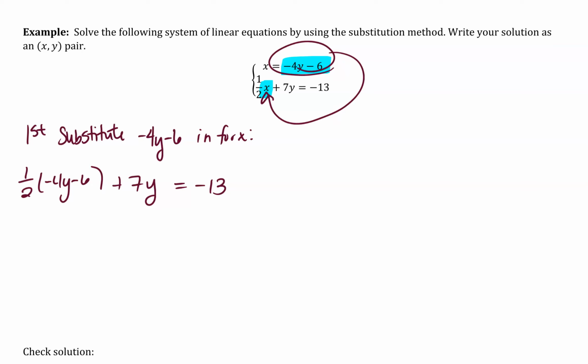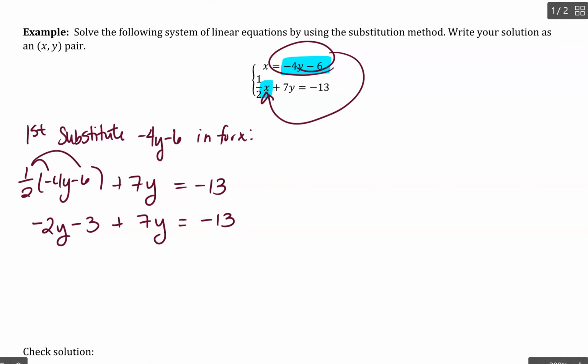Now at this point, we can go ahead and figure out what y is. To do so, we have to start by distributing the 1/2. So 1/2 times negative 4y is negative 2y. 1/2 times negative 6 is negative 3, plus 7y equals negative 13. Now let's combine like terms.